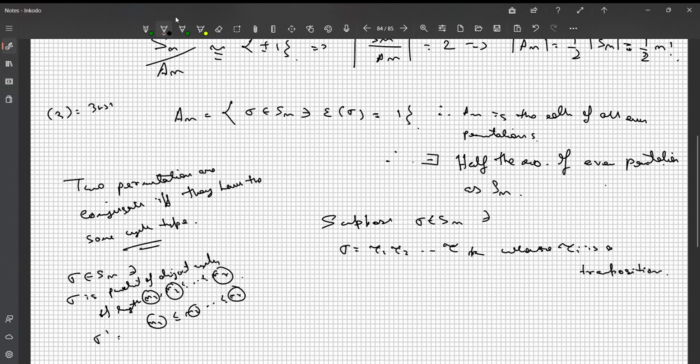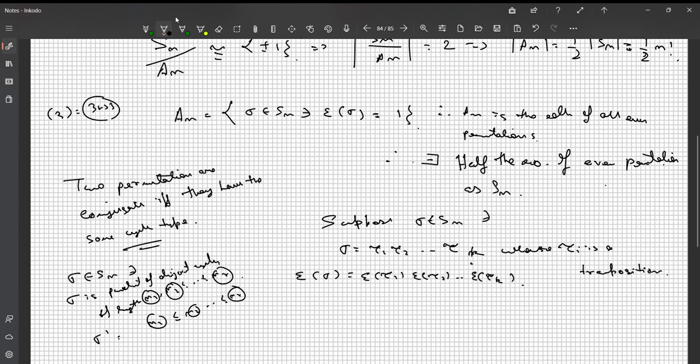One more thing let me make clear here. When we write the cycle decomposition, we do not write the one cycles. A one cycle is a cycle of length 1, so it means 3 is mapped to 3. So we ignore writing the one cycles. So obviously this k can be less than or equal to n, because we have not written the one cycles, and there is no concept of a transposition from those cycles.